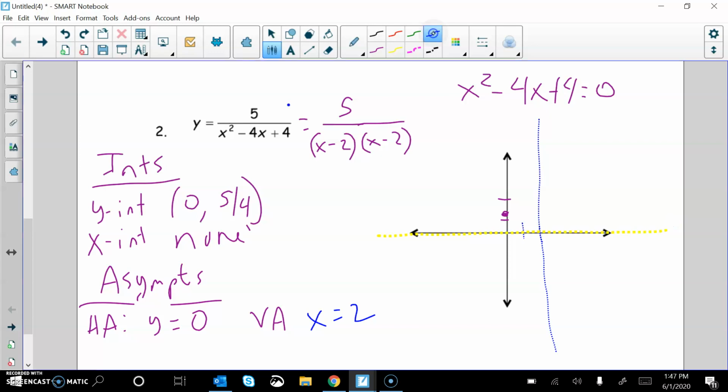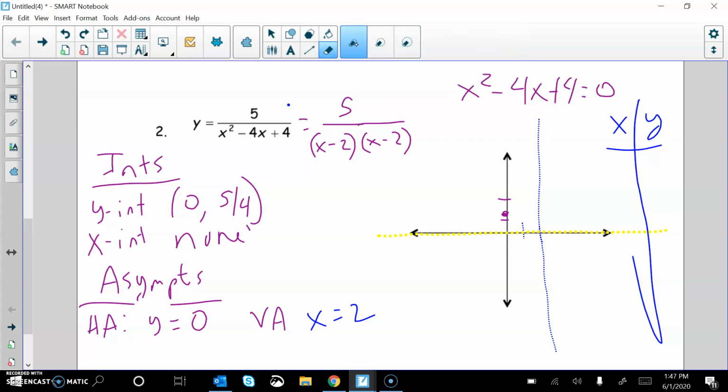All right. Let's get a few more points to help guide us as we do our graph. Pick whatever you wish. Again, though, I would recommend picking numbers around your vertical asymptote, which is 2. So let's plug in 1. Let's plug in 3. And do some calculating.